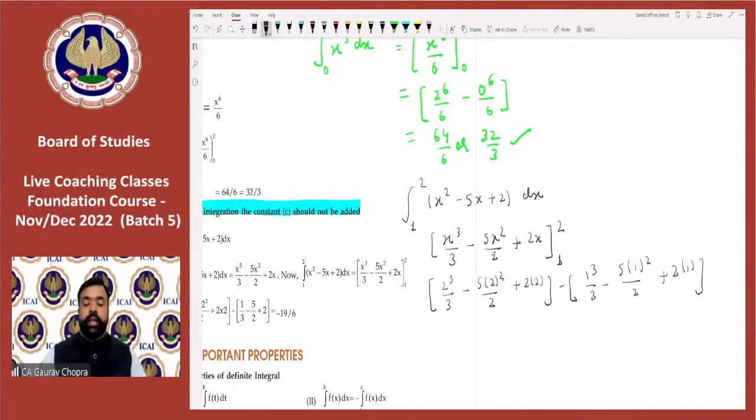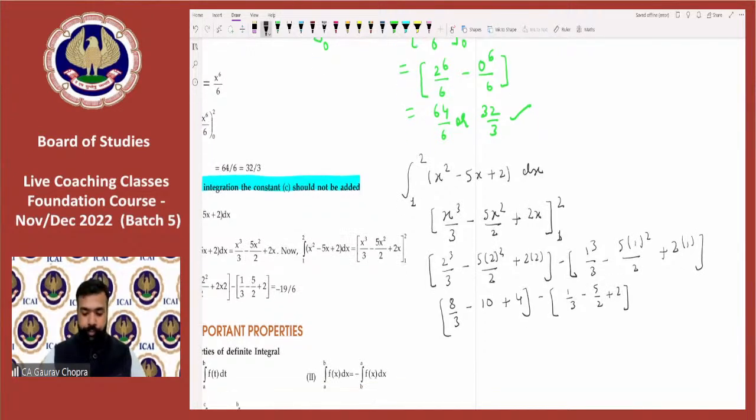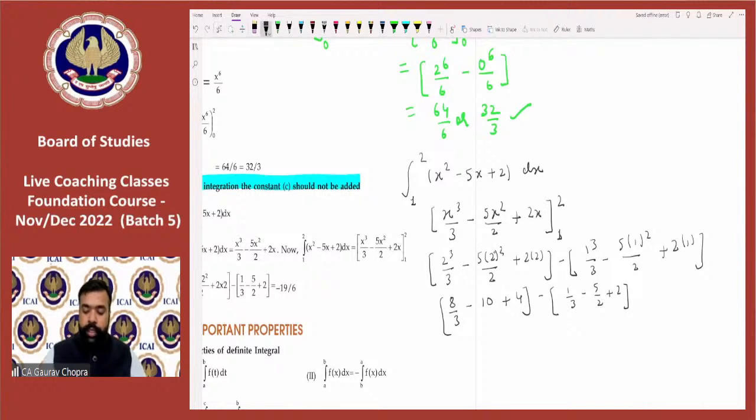So how much are we getting? 2 cube is 8 by 3, minus 5 into 4 is 20, 20 by 2 is 10, plus 4, and minus 1 cube by 3 which is 1 by 3, minus 5 by 2 and then plus 2. So we get 8 by 3 minus 6, then minus 1 by 3 minus 5 by 2 and then plus 2.